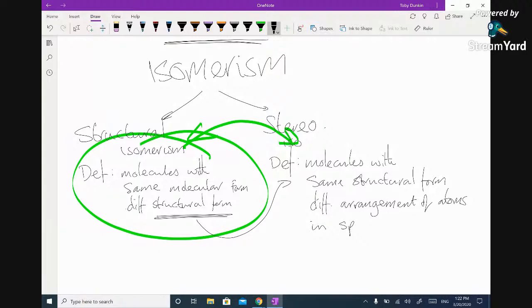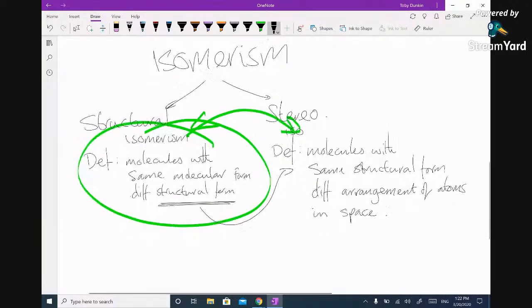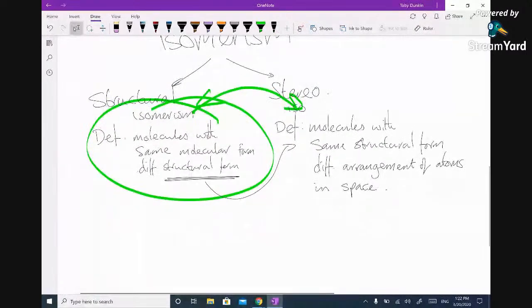So those are the 2 definitions that you're going to be asked for in isomerism. The next thing is, well, why don't we ever say these words? These words are never written down, just defined.